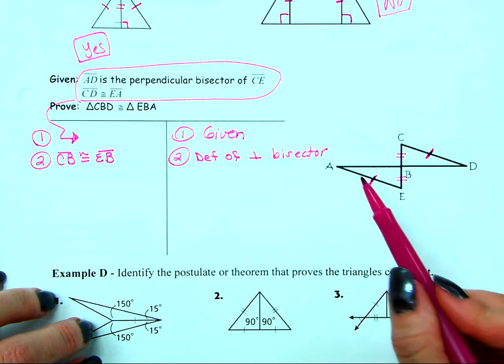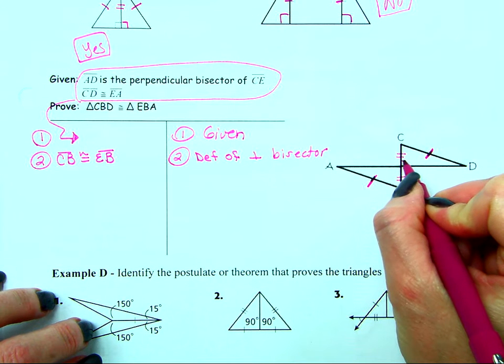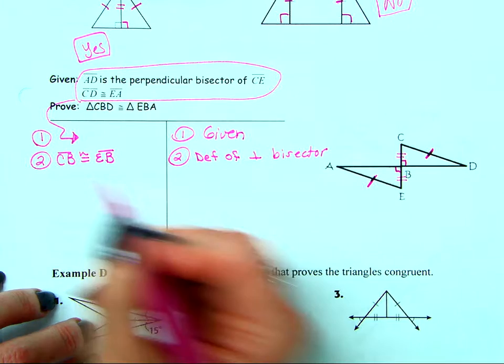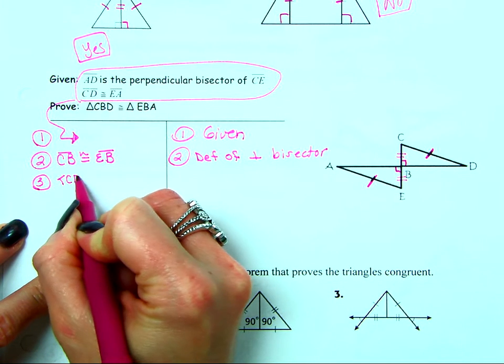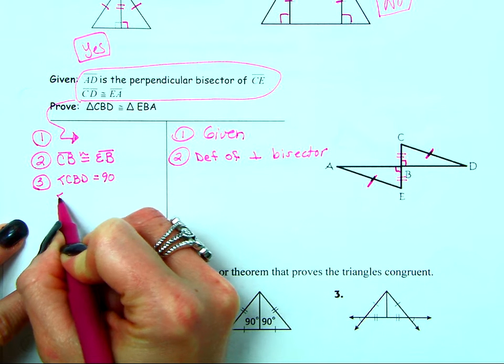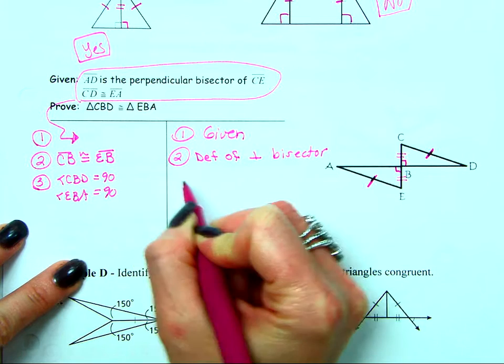It actually says that AD is the perpendicular bisector of CE. Perpendicular meaning that, well, this angle must be a right angle and this angle must be a right angle. So in my proof, I'm going to go ahead and say angle CBD must equal 90 degrees and angle EBA must equal 90 degrees.